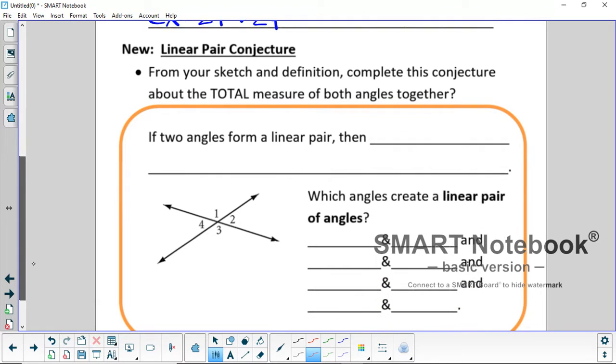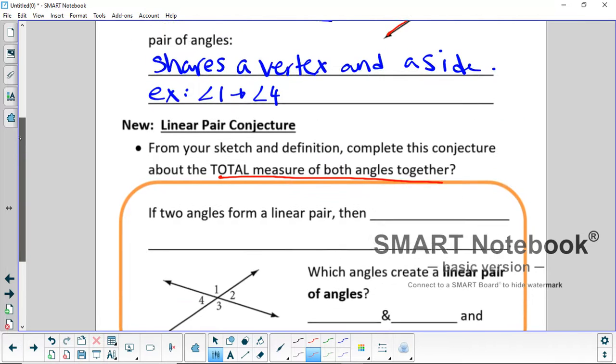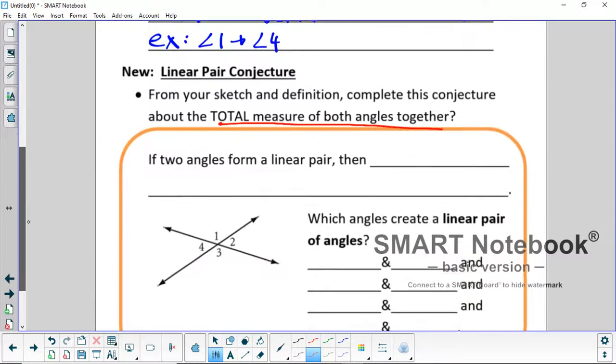All right, now here is our linear pair conjecture, which basically is all that we talked about before, but putting it into a formal statement. From your sketch and definition, complete this conjecture about the total measure of both angles together. Because they're forming that straight line, they are forming a supplementary pair.